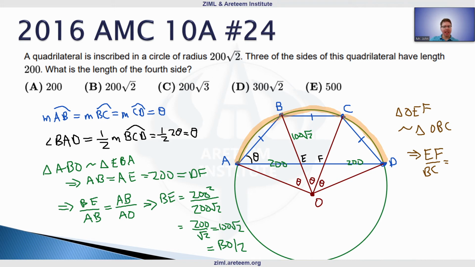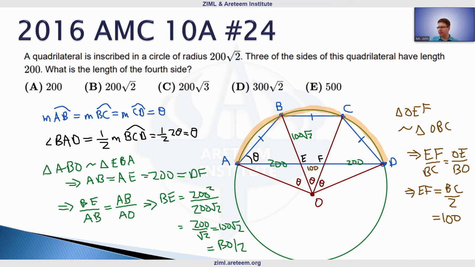EF to BC is the same as OE to BO. But since BE was half, this is telling us that EF is BC divided by 2, which is therefore equal to 100 there. So we've now found that EF is 100 in this case.